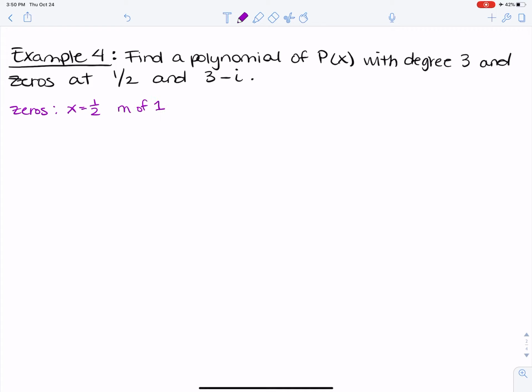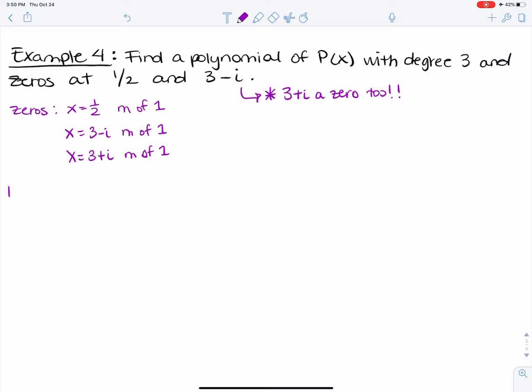Because it didn't say it was any other multiplicity. And we have x equals 3 minus i with multiplicity of 1. No other multiplicity was stated. But remember, 3 plus i is automatically a zero, too. So we have x equals 3 plus i as a zero with multiplicity of 1 as well.